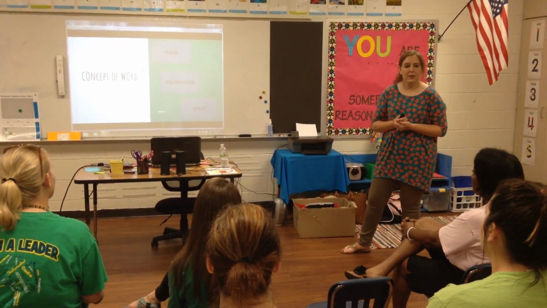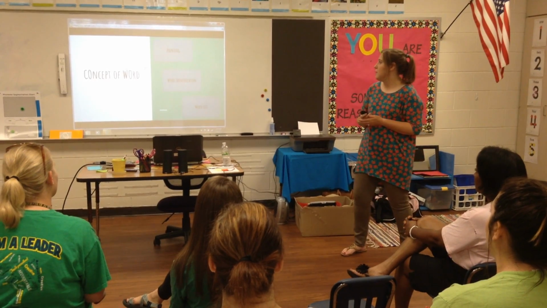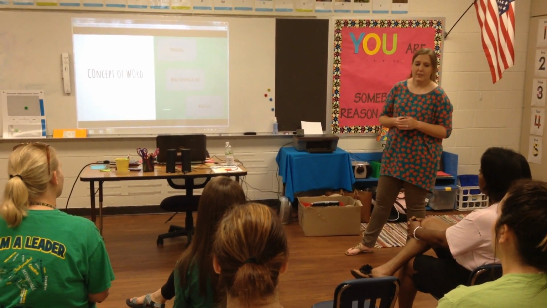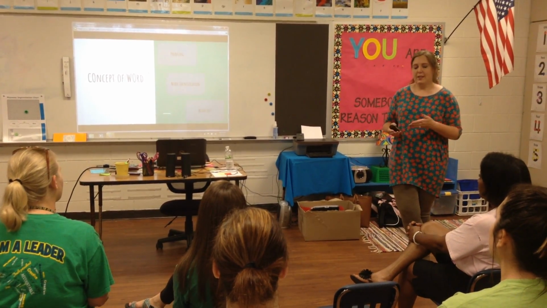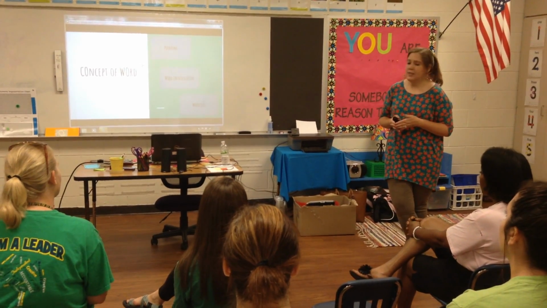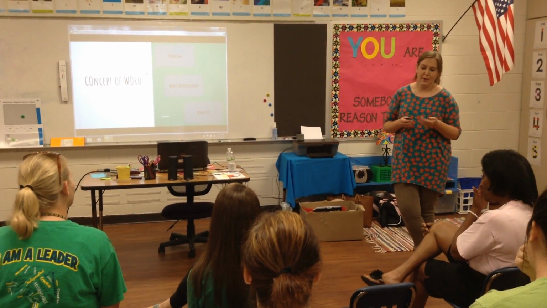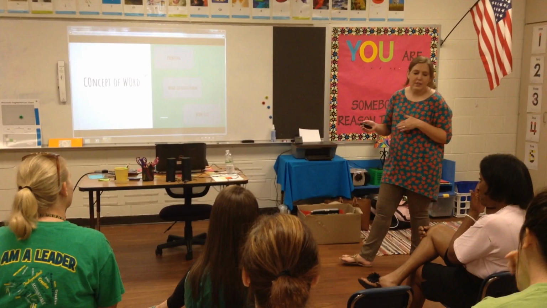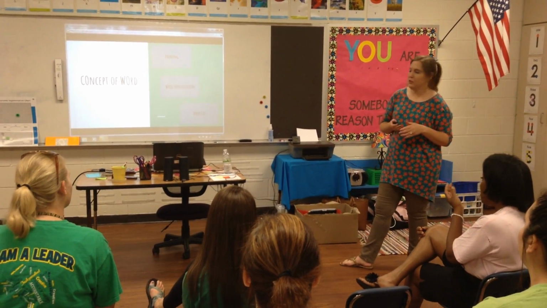The next component is concept of word. This is broken down into three areas. Prior to assessing them on this component, we teach them a short rhyme, and for the end of this school year, the rhyme was Little Bo Peep.